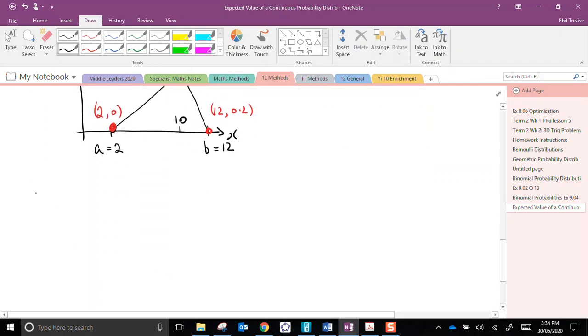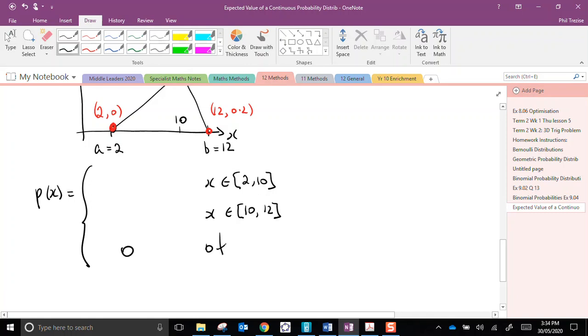I'm going to end up with a probability density function that has one formula up here where x is part of the domain 2 to 10, a different straight line formula where x is part of the domain 10 to 12, and I can fill in the last one.